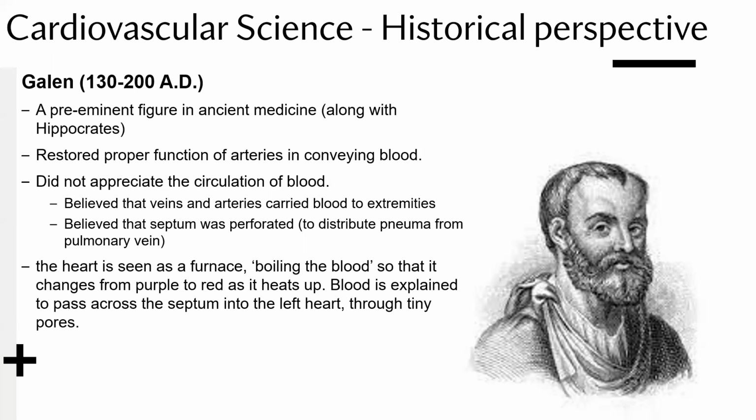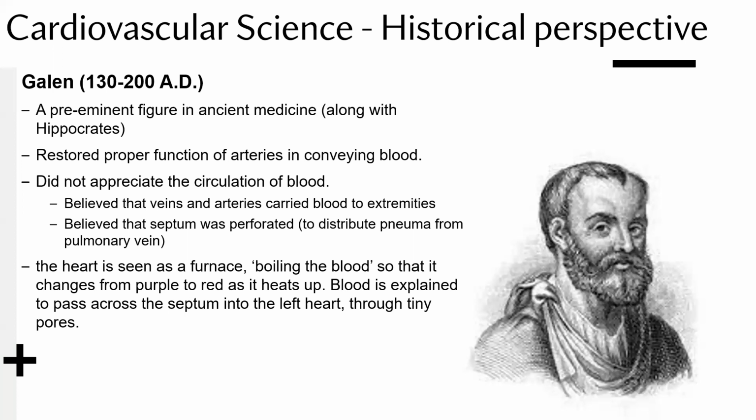He didn't believe that arteries just carried air and veins carried blood. He believed that both would carry blood to the extremities of the body. And his idea was that the septum, which is the layer separating the left and right part of the heart, as we'll get to, was perforated so that the air, pneuma, would be able to get distributed.